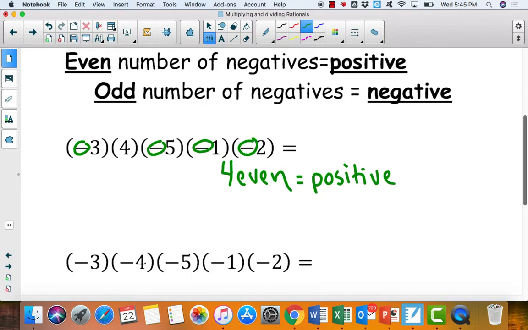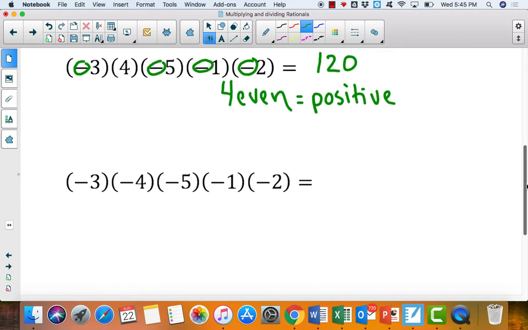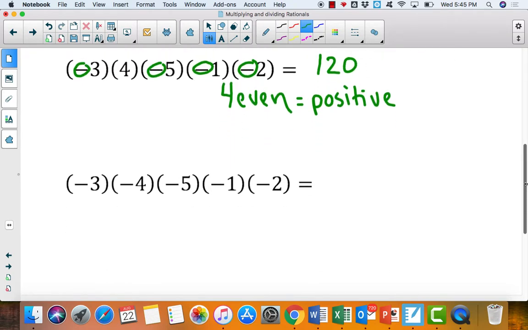3 times 4 is 12, times 5 is 60, times 1 is 60, times 2 is 120. So my final answer is going to be a positive 120. Notice that the numbers are exactly the same, except I snuck in a negative here. I changed the sign.